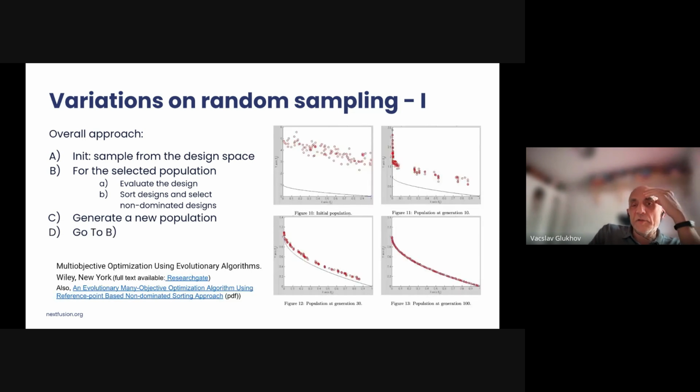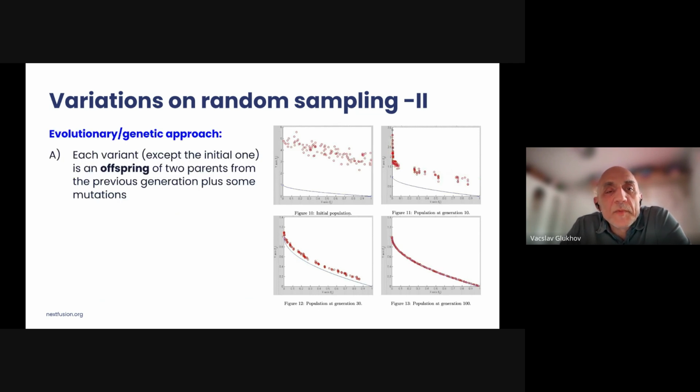And we repeat that over and over again, and that's an example of what we typically get in the model problem. So we have four stages where we generate different generations of designs and evaluate them on the two-dimensional evaluation space.